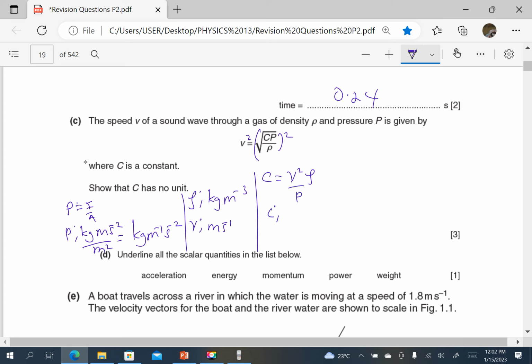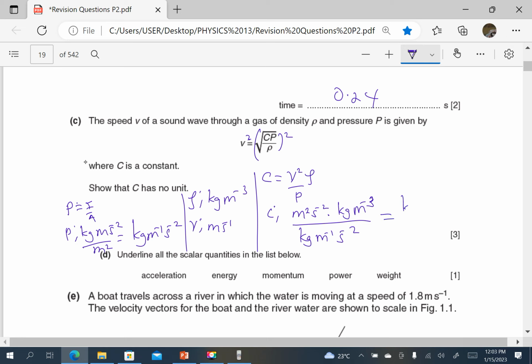The units are going to be V squared, which is meters squared, seconds to the power negative 2. We square meters per second. Then times density, kilograms per meter cubed, divided by pressure. The pressure is kilogram per meter per second squared. So I'm going to simplify this.